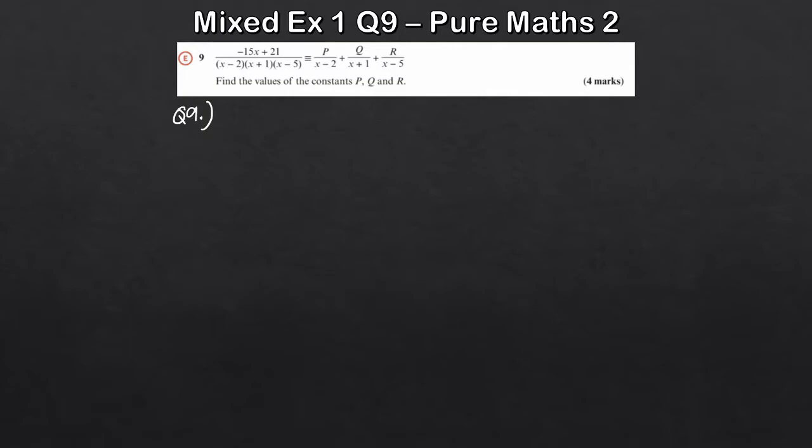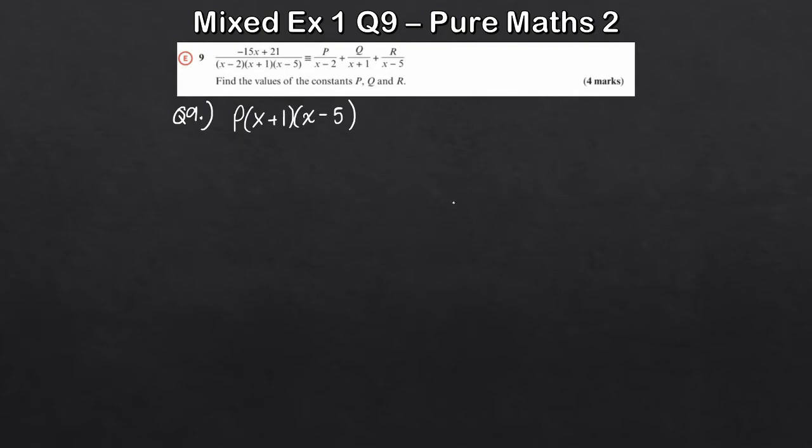So what I'm going to do first is get this over a common denominator, just like we did with the previous one. If you notice, for the p, I've got to times that by x plus 1 and x minus 5, so that's p lots of x plus 1 times x minus 5. The q now, that's going to be q times x minus 2 and x minus 5.